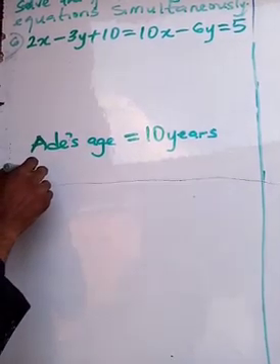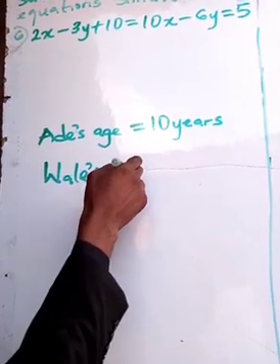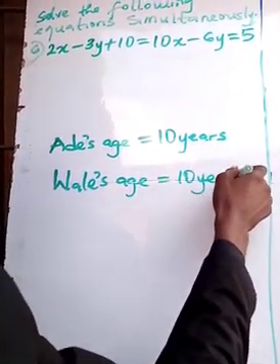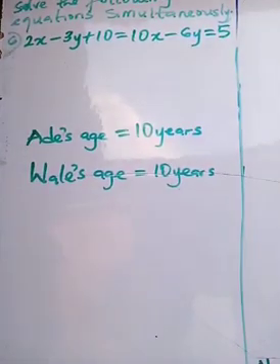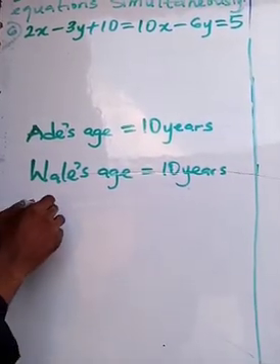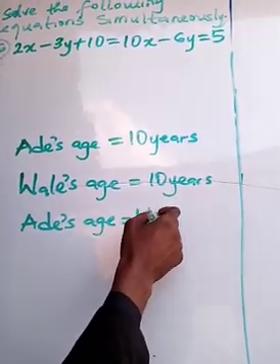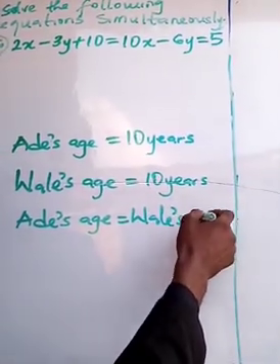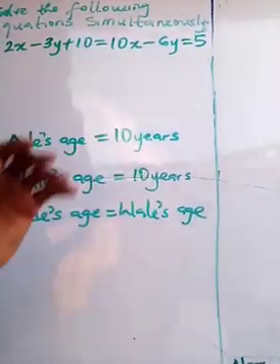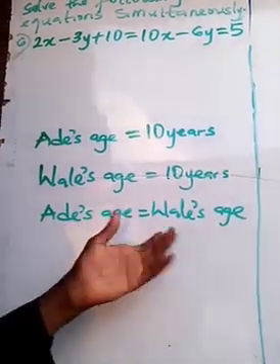And Wale's age is 10 years. Now what does this mean, the interpretation of this? We can also say Ade's age is equal to Wale's age. You can simply put it like that. Since Ade's age is 10, Wale's age is 10, we can conclude by saying Ade's age equals Wale's age.